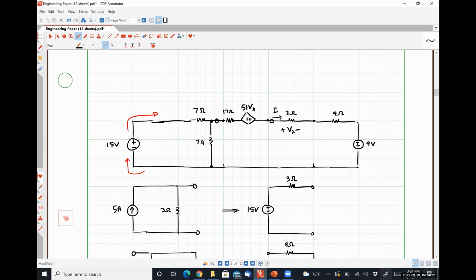So we would still have to set up a system of equations. How could I force this thing down to a single loop circuit? Isn't that a practical voltage source? The voltage sources are in series, the two on the right. Can you combine a dependent and independent? So 9 plus 51 Vx? You could, but does that eliminate a mesh? It certainly does not.